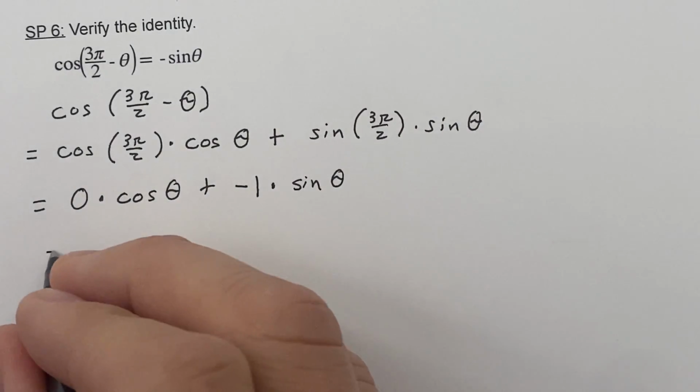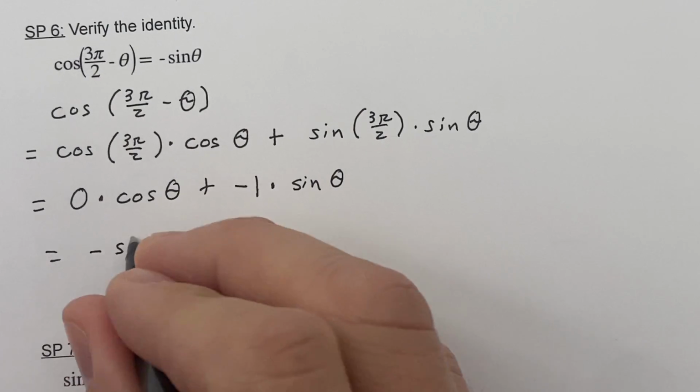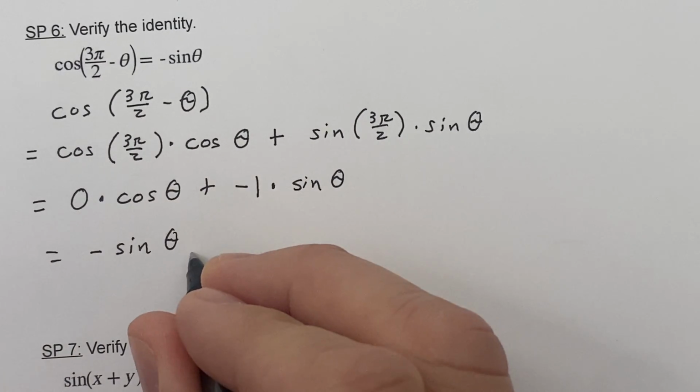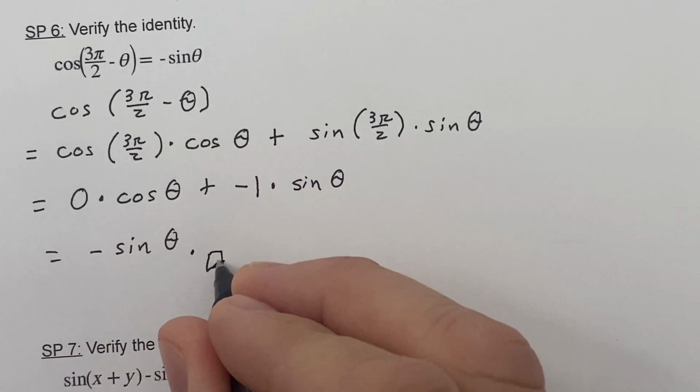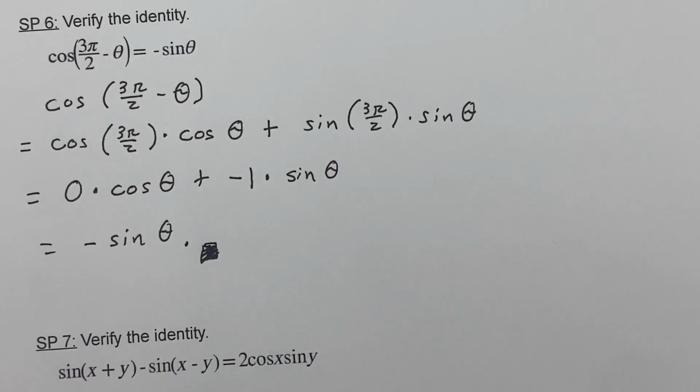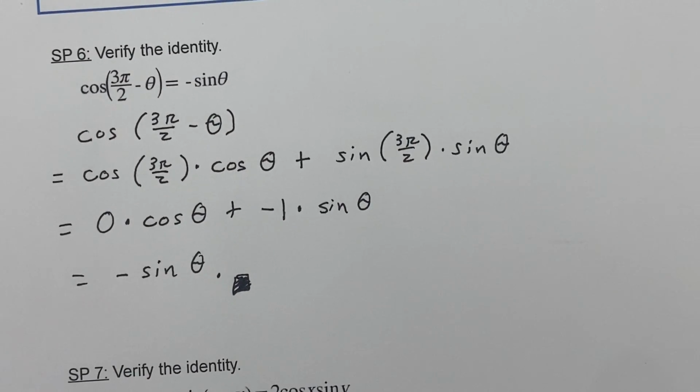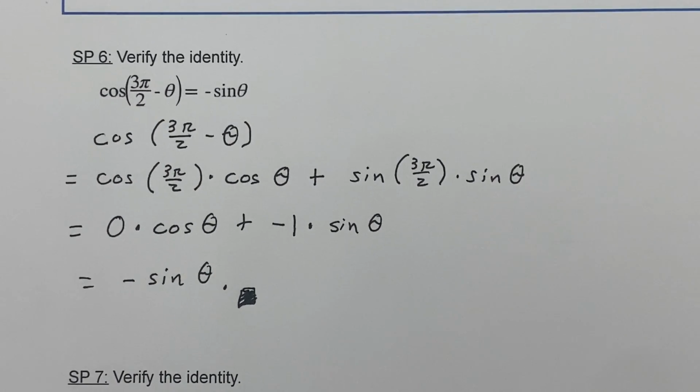Anything times 0 is 0. And there's our negative sign. Last one.